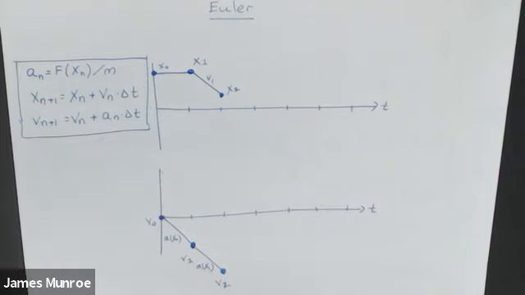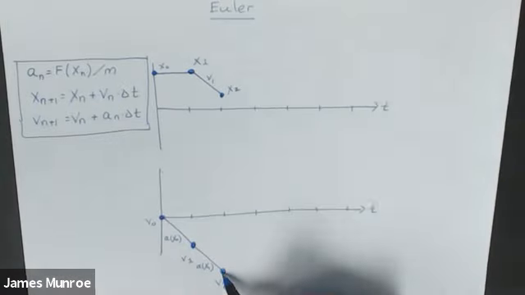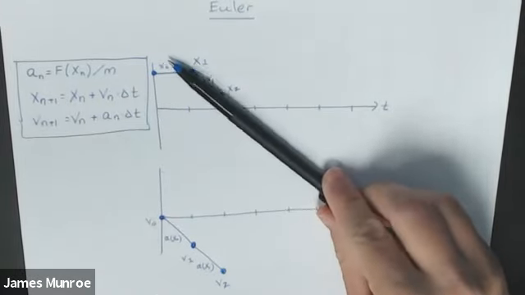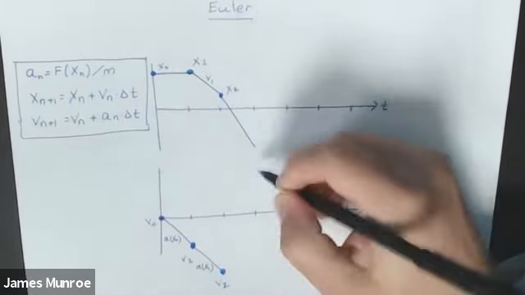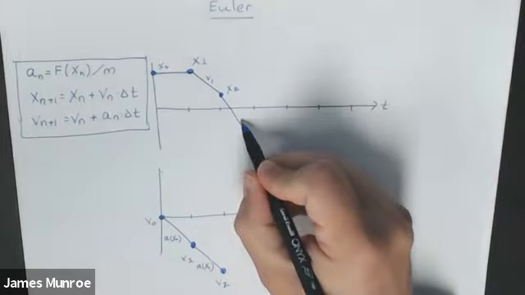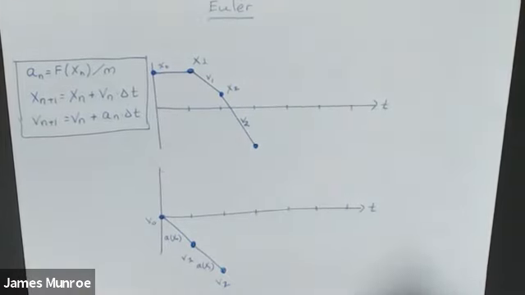Next step. I need to figure out how to go from here to the next step. I look at my velocity at the current step. It's even more negative than it was before. So rather than a line being like this, I've got to draw a line which is much steeper, because the slope is the velocity at that point.